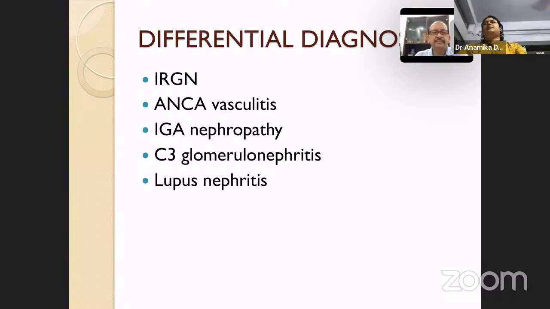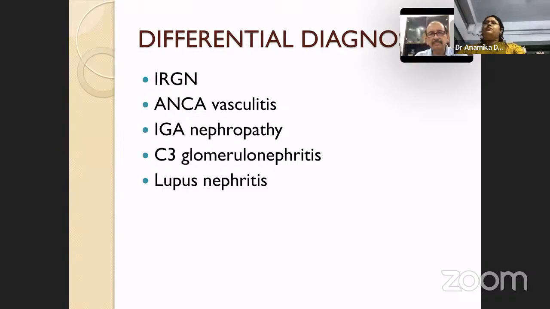My patient is a 37-year-old female who has a past history of IRGN in 2014 and had attained remission after a course of oral steroids at that point of time.